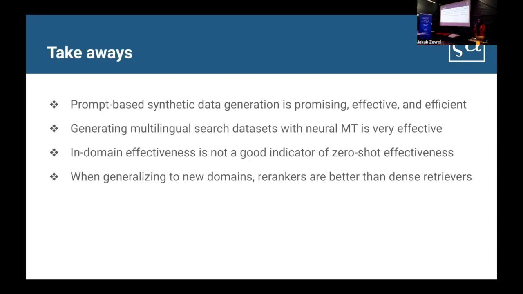But take this into account: what that model was trained on, what is your domain, whether the quality transfers to you or not, it's not always the case. And so, for instance, we found out that re-rankers are better in generalization than dense retrievers. So that's a good starting point to know when you want to use existing data.